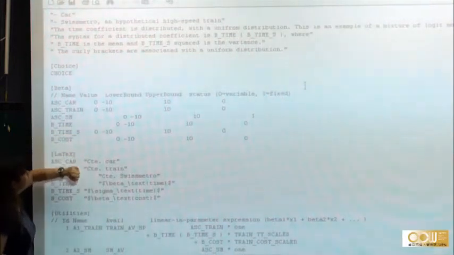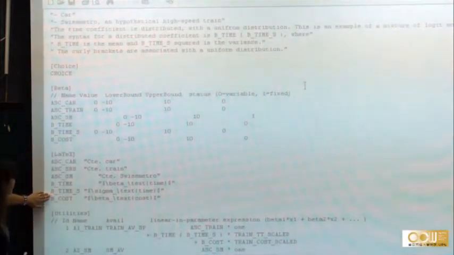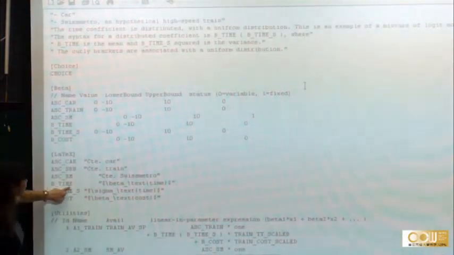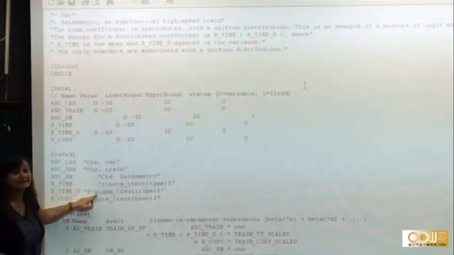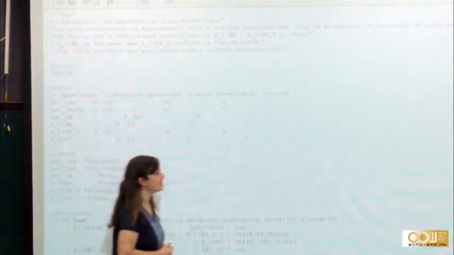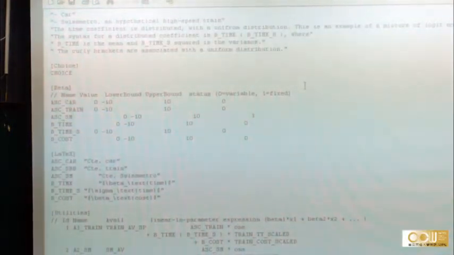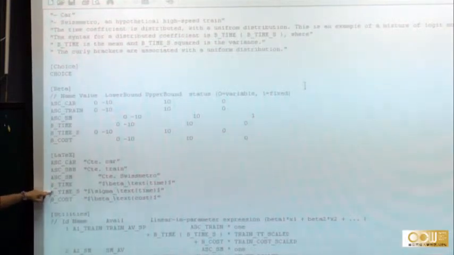So this is for the uniform. For beta time, you have to estimate a beta, and you also have to estimate a sigma. That's where you are telling it to estimate time as uniform, B sigma. That's what he's telling BIOGEME. So beta and sigma.